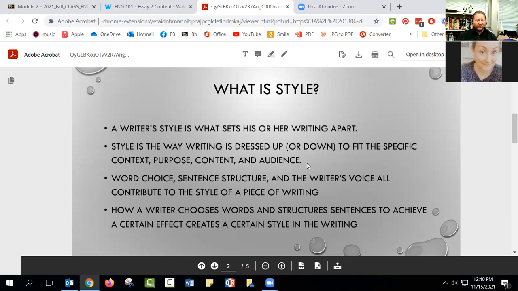And there's no one easy way to go through and say, yep, I'm doing really well with context. I'm doing really well with purpose. I'm doing really well with content, so on and so forth, because it is kind of a big picture thing. But how you understand all these is through these smaller things: your word choice, your sentence structure, the voice that you use, right? All of these will help inform all of this stuff here.